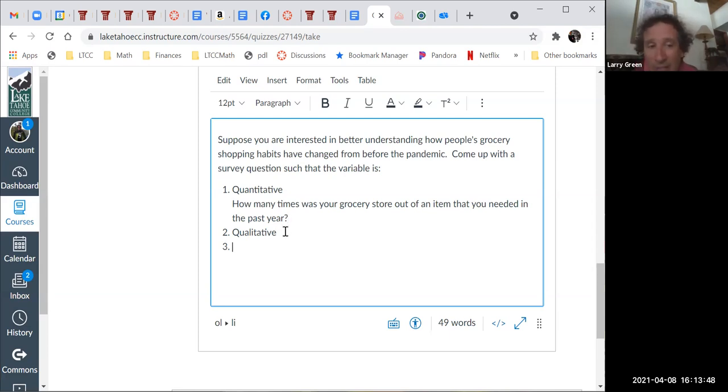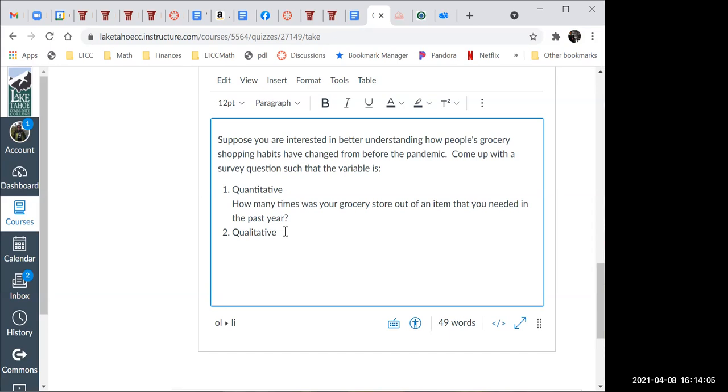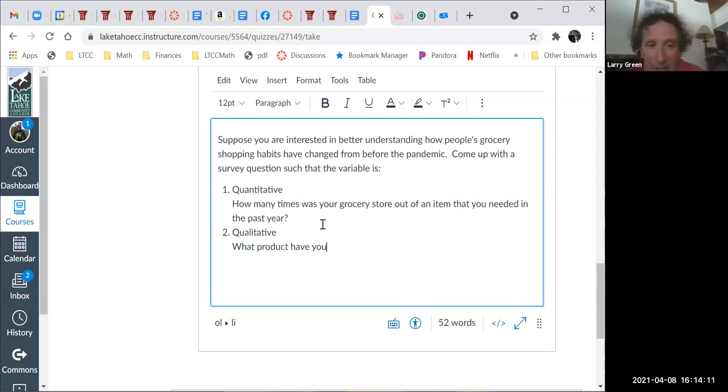Now let's do qualitative. So what would be a qualitative survey question that would help better understand people's grocery shopping habits? Maybe like, what products have been in shortage this past year? Okay.